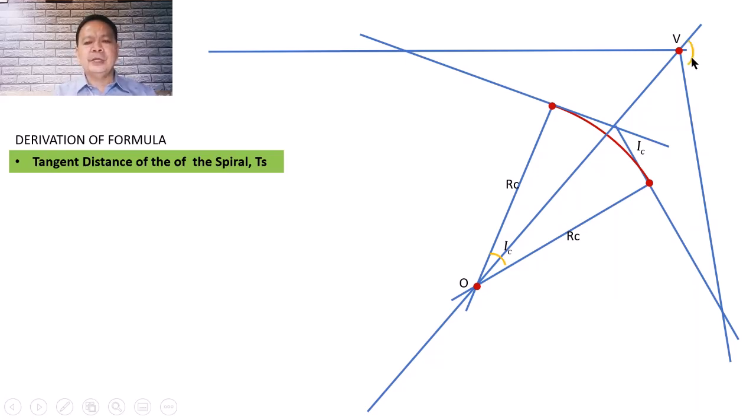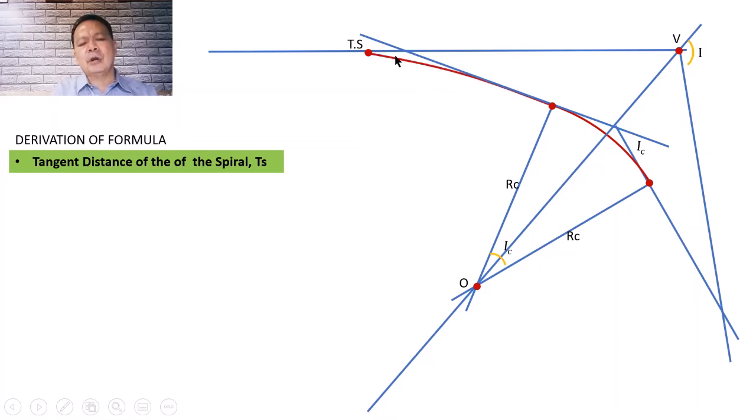Okay, so imagine natin that this is our I. Hence, where are we going to see our I in the spiral? Let us try to imagine that this is our point where this will be the starting point of the spiral transition curvature. So that we will be using this as our tangent.